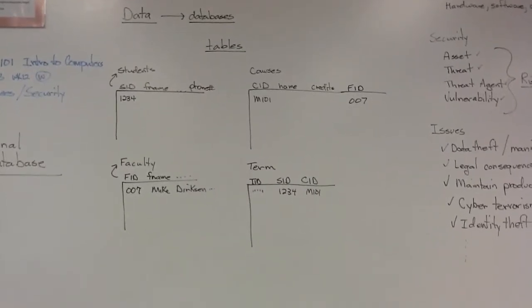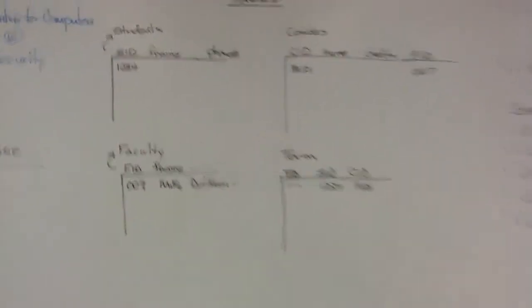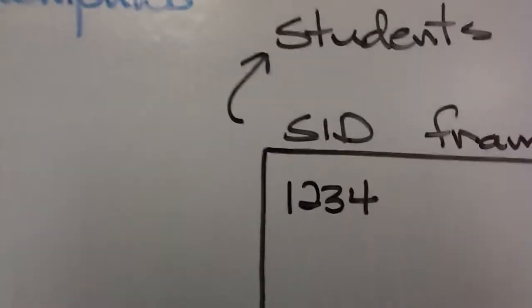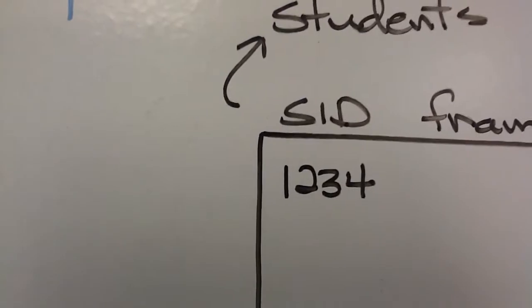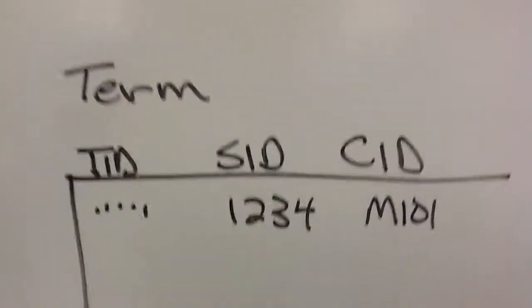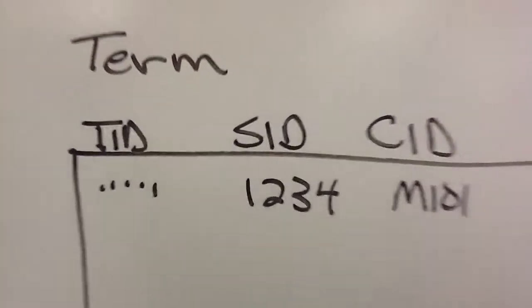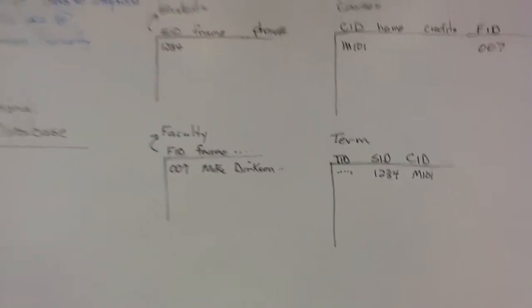Okay? So, those tables interact. And as an example, this must be unique for the student, that student ID number, so we call that a primary key. When we use that in another table, it's called a foreign key. So there would be a foreign key, and we can relate those all together.